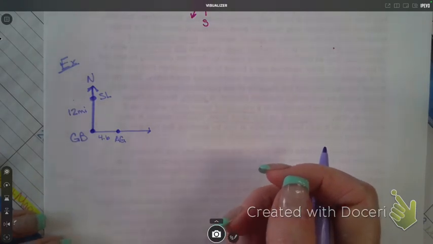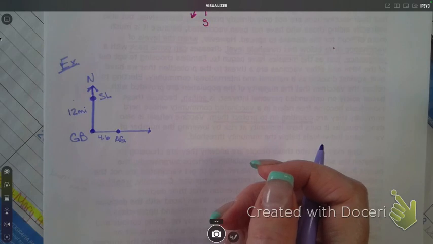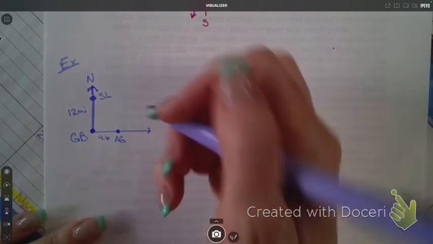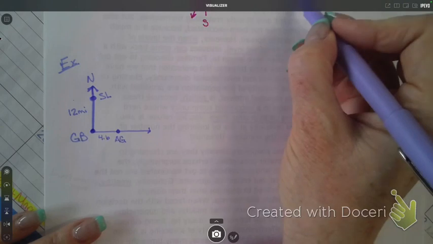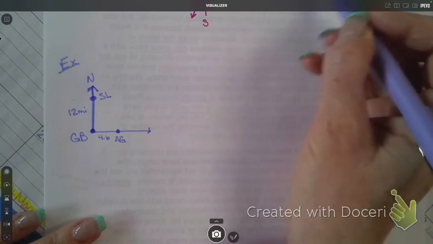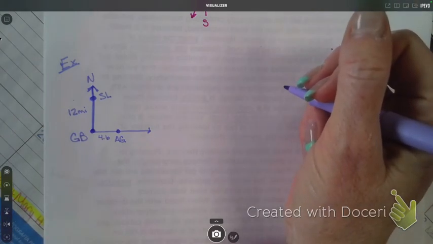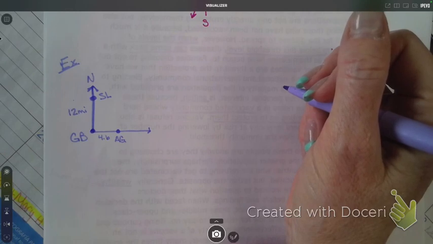What is the bearing of San Luis from Arroyo Grande? So my bearing is my north 25 degrees east, south 25 degrees west. It's this direction. Now I'm going to read it again. What is the bearing of San Luis from Arroyo Grande?